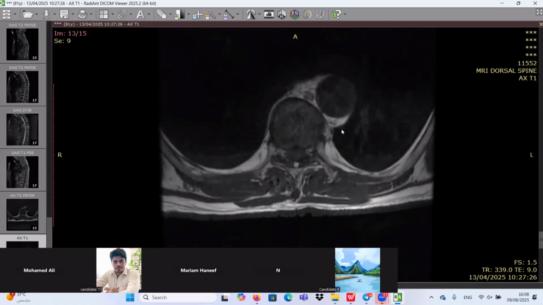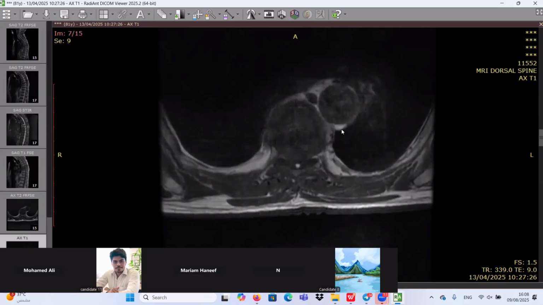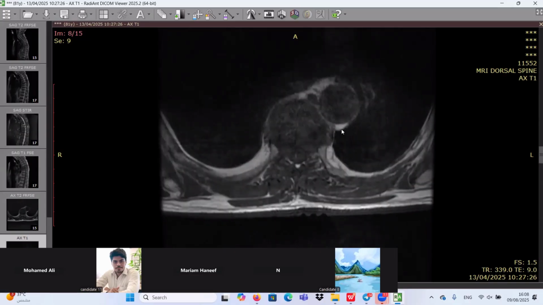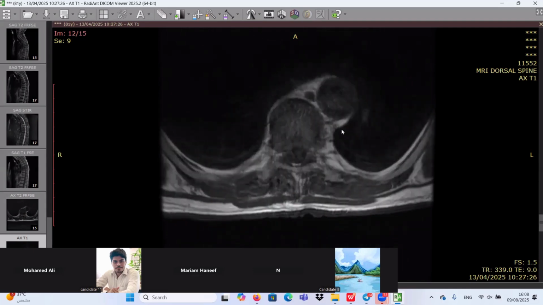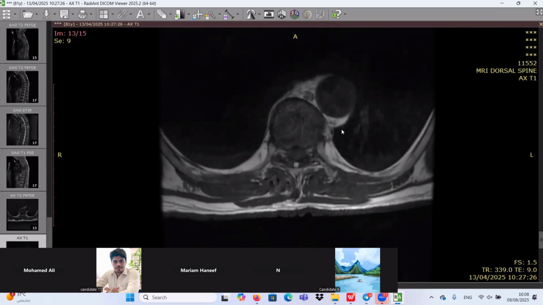Okay. So yeah, there is no prevertebral collection or collection in the muscles. Do we have any paraspinal, paravertebral soft tissue sheets or is it normal paraspinal? Is it axial T1? This one is a normal level.